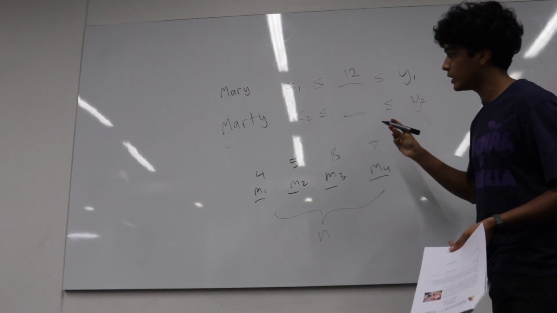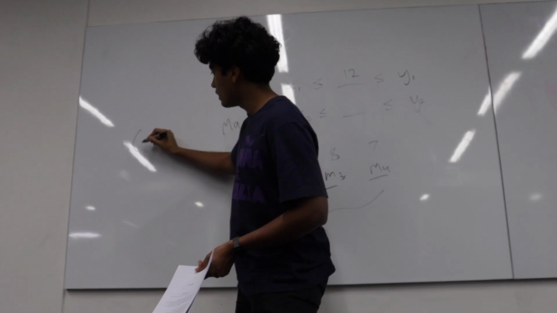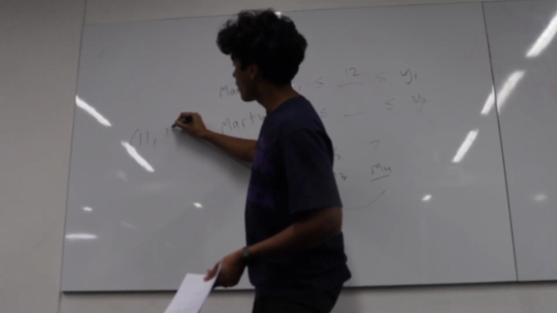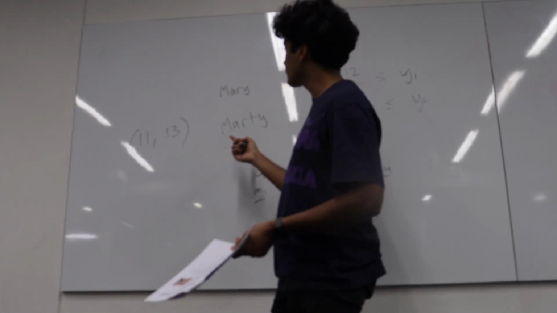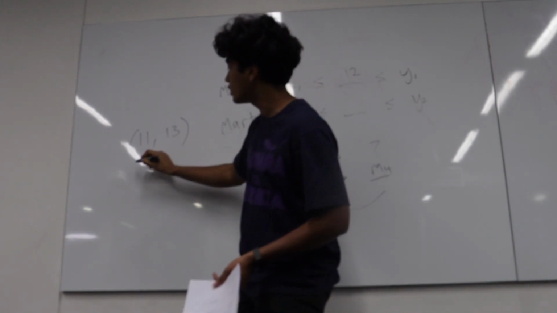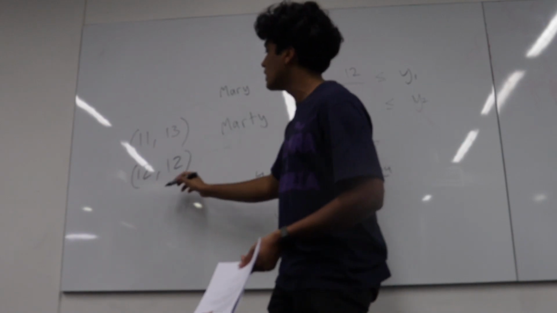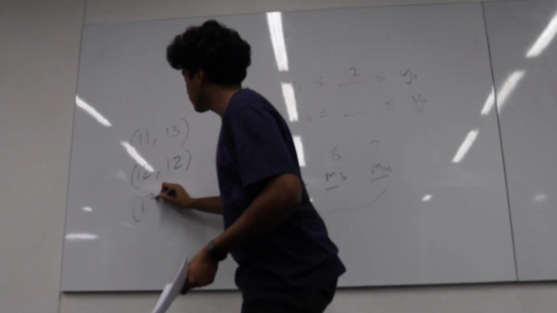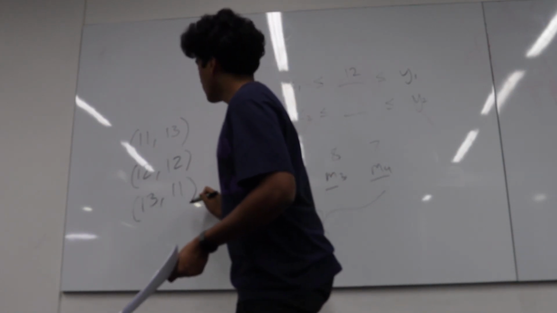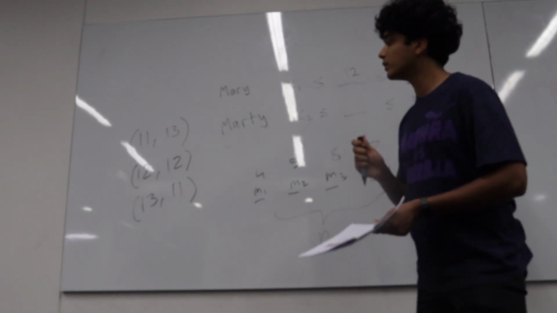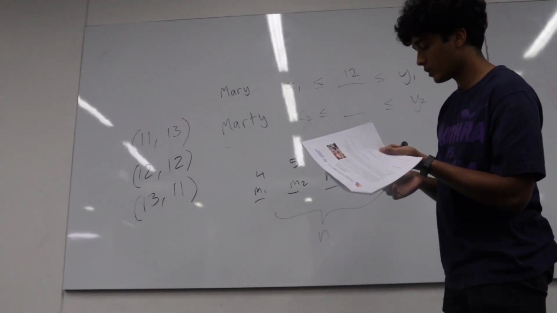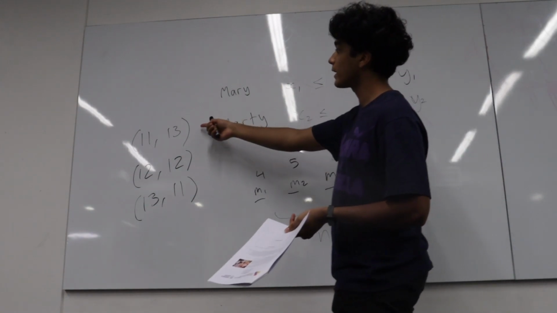And what you end up getting is a bunch of pairs. This is one of the pairs of how we can split the sushi. And then we can give Mary 1 extra and Marty 1 less. And we can keep going until it goes back to the original, basically.